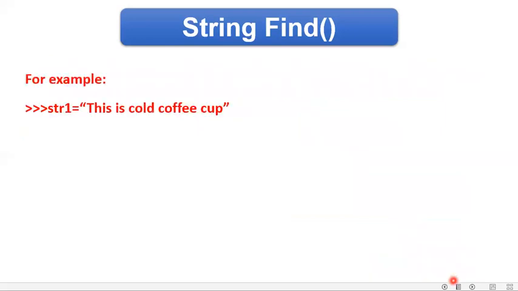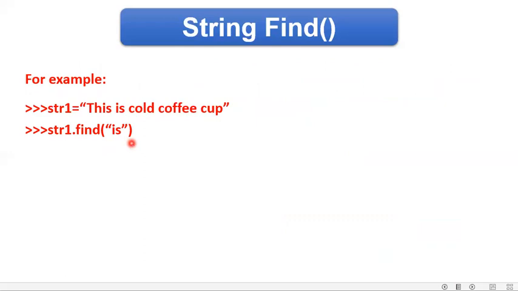For example, str1 is equal to "this is cold coffee cup". Now, if I'm looking for the word "is" in this particular string, I have written str1.find, and inside my find function I have passed only one parameter, which is my substring. I have not decided any beginning position or ending position.